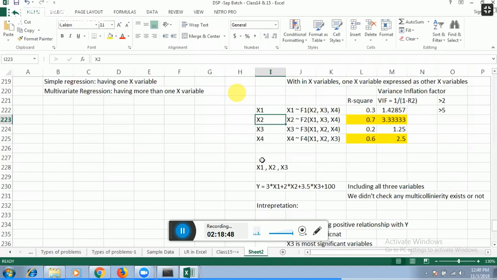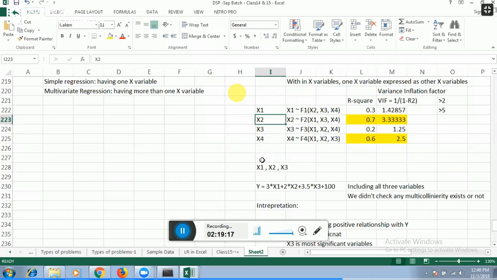Chandra, if we can determine based on R square only, what is the need for VIF? If R square is high, we can drop that variable. Because a lot of times people get confused between R square at a variable level and R square at an overall level. That's the reason VIF is much easier from a cutoff perspective.